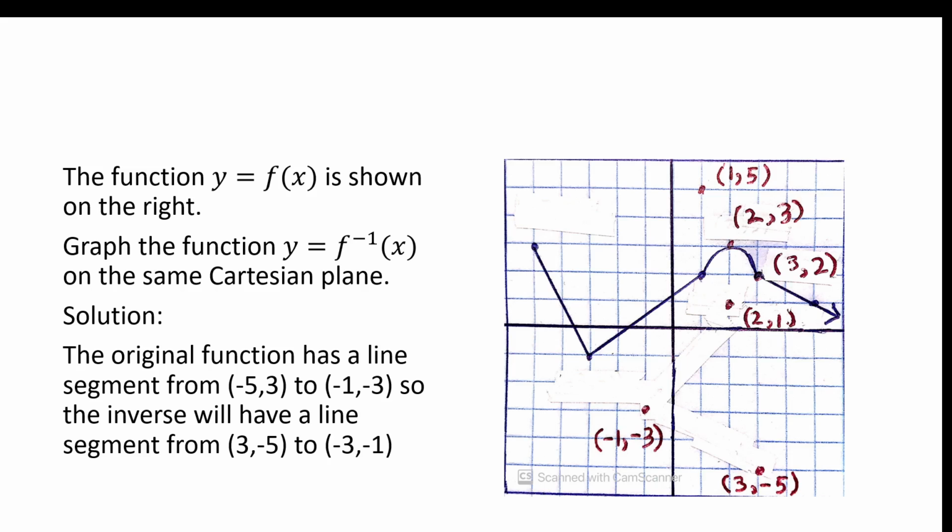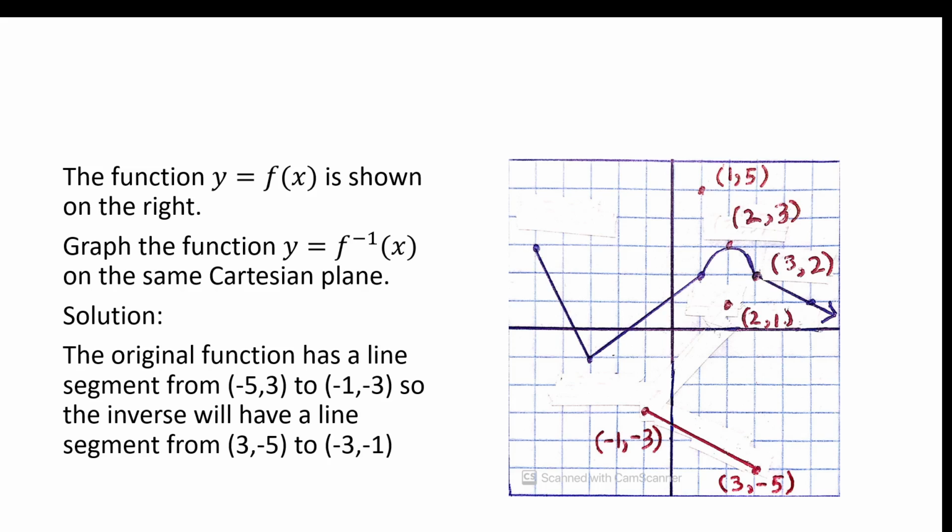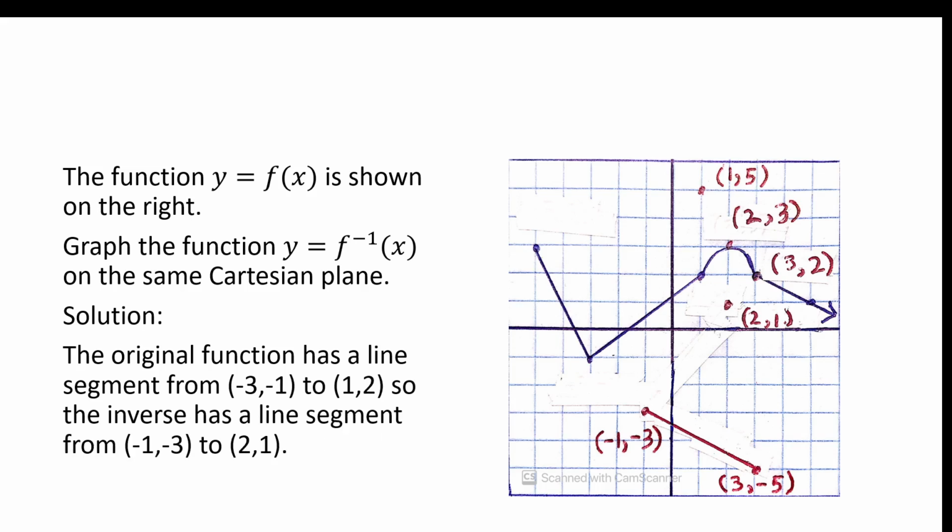The original goes from (-5, 3) down to (-1, -3). So this one will go from (3, -5) to (-1, -3). And then since the original goes from there to (1, 2), ours should go from there to (2, 1).